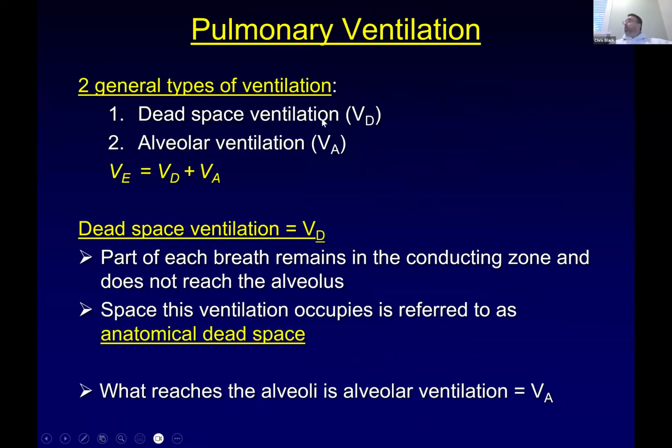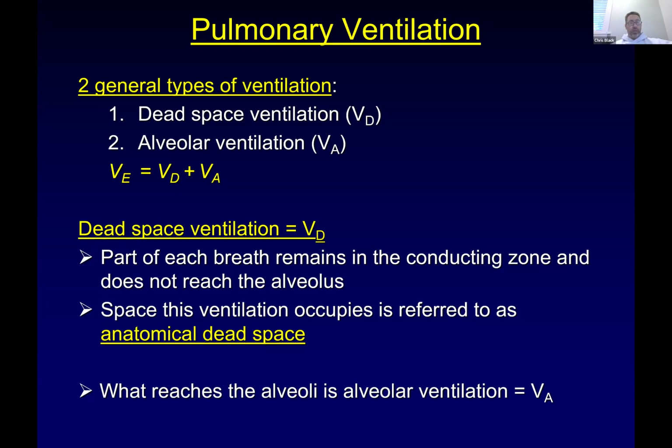The book talks about this, and I want to mention it, but I'm really not going to ask you guys too many questions about any of this. When we look at pulmonary ventilation, it normally happens in 2 particular places: dead space ventilation and alveolar ventilation.